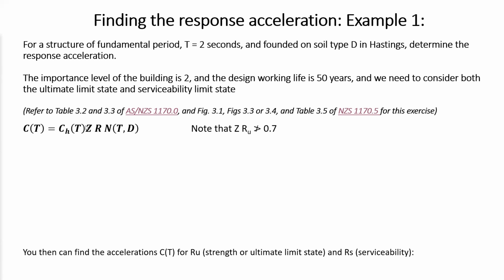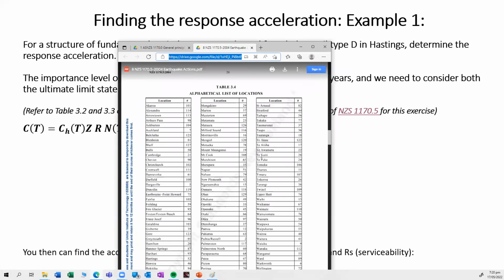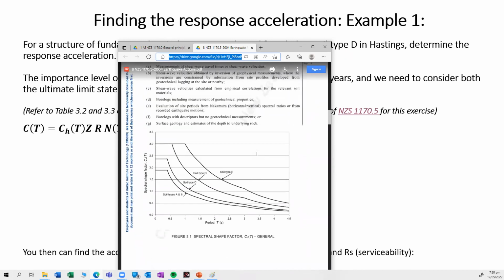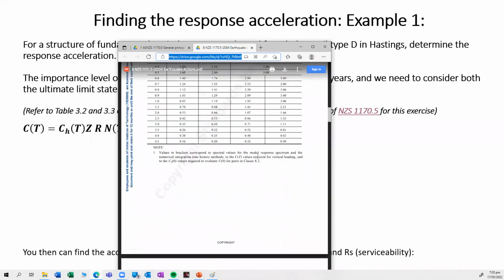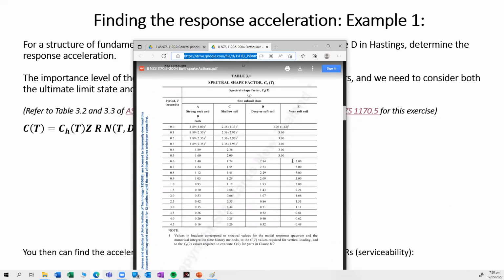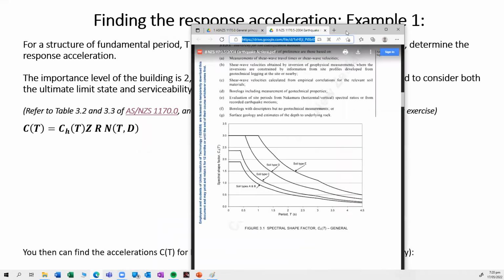Now, what I want you guys to do is find CHT, okay? Now, CHT is in your code, okay? And let's have a look at figure 3.1. Here you go, 3.1. Or you can even look at the table, okay? If the period is 2 seconds, it corresponds, if we look there. So you guys look at the table or this to find CHT, okay? So do that now.